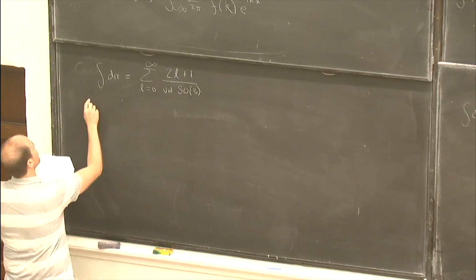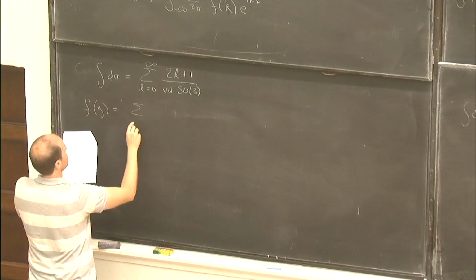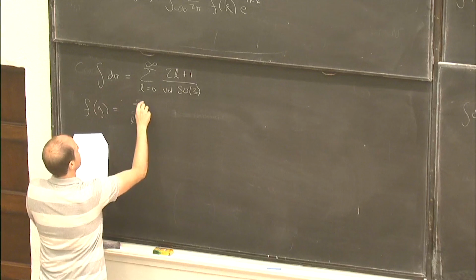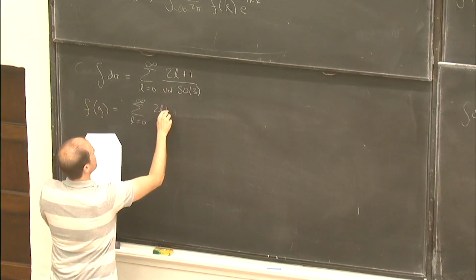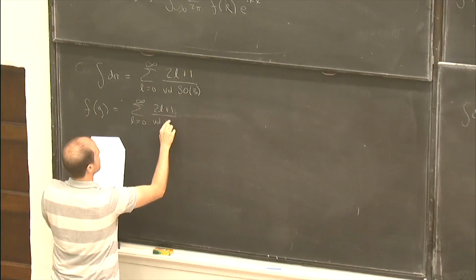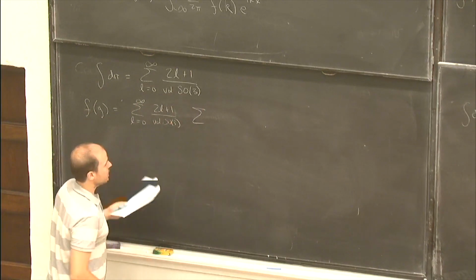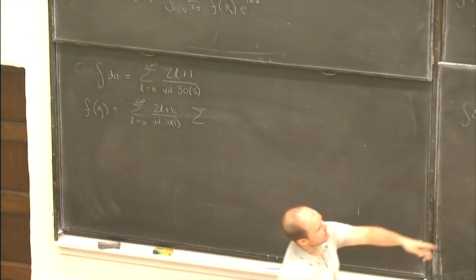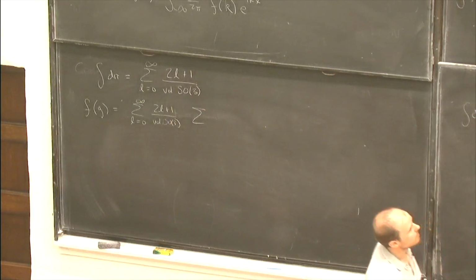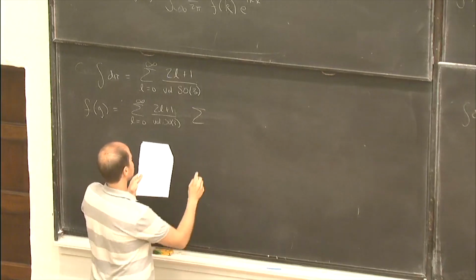Okay, so the Plancherel theorem tells us that f of g is equal to a sum from L equals 0 to infinity, (2L plus 1) over the volume of SO(3). Now, what we're going to do here is plug in that final formula on the board as a sum over matrix elements in these different representations.